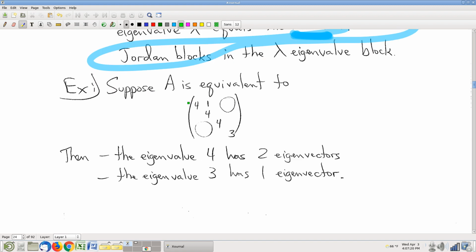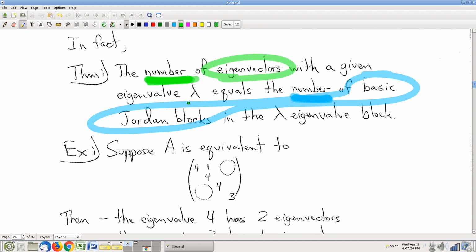You can see the examples explicitly, so let's look at the Jordan blocks here. Here's a basic Jordan block right there. Here's another basic Jordan block right there. So for this eigenvalue of 4, there are 2 basic Jordan blocks, and therefore 2 eigenvectors.